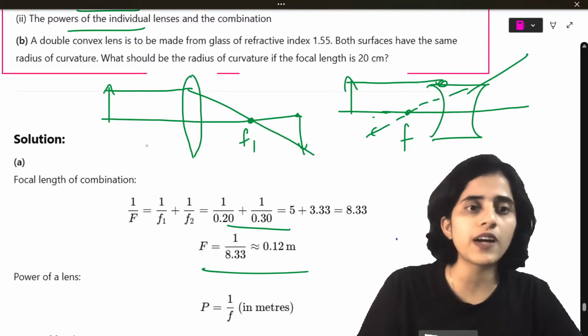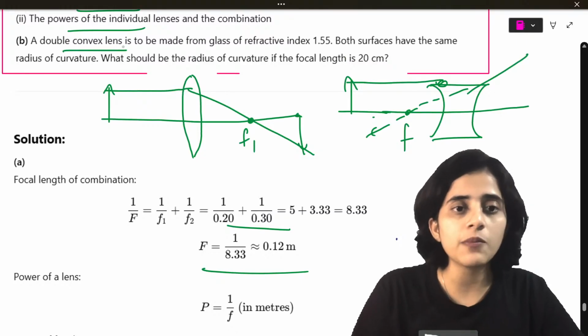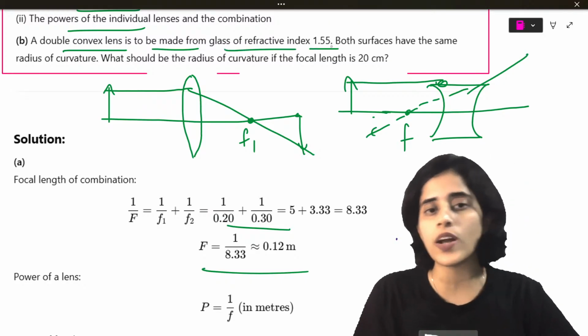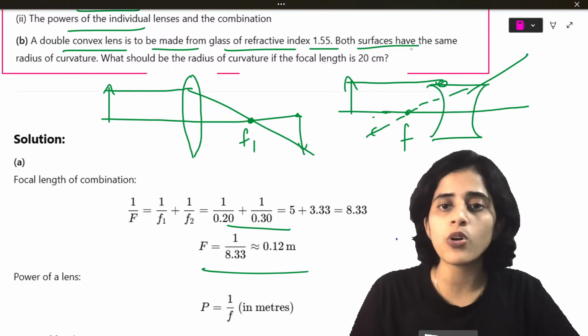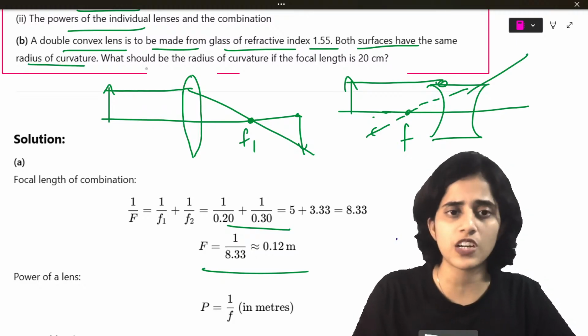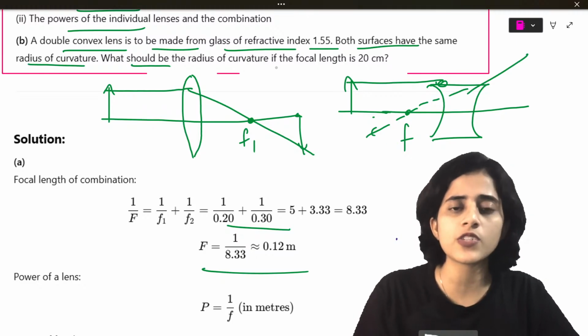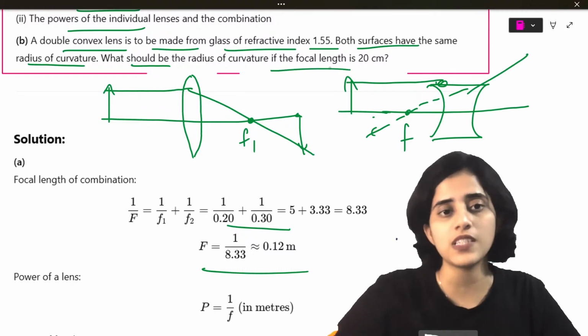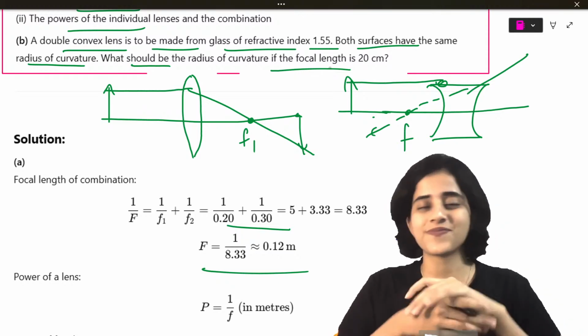Now there's one more part to the question. A double convex lens is to be made from glass of refractive index 1.55. Both surfaces have the same radius of curvature. What should be the radius of curvature if the focal length is 20 centimeter? Oh my god.